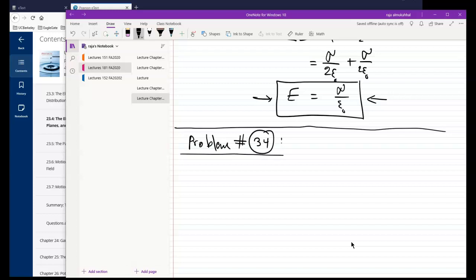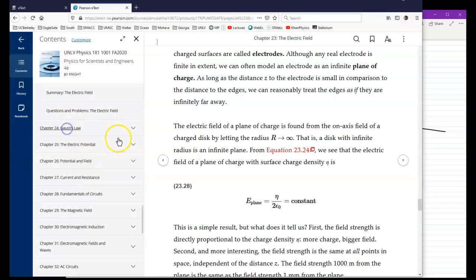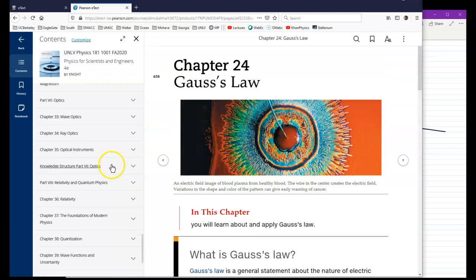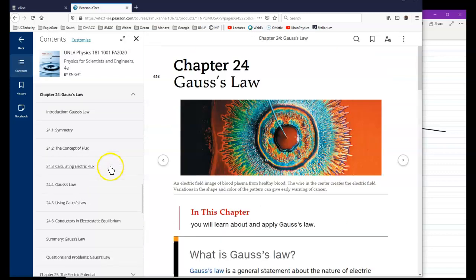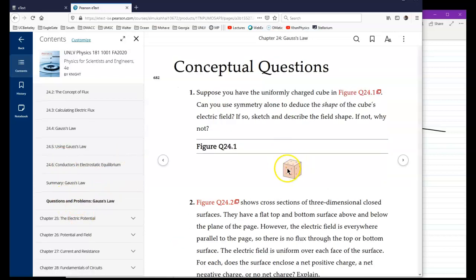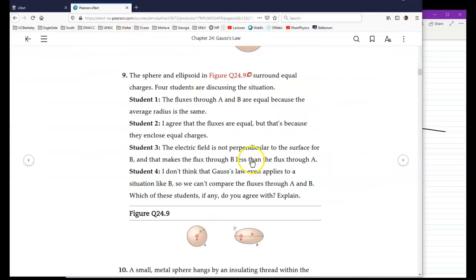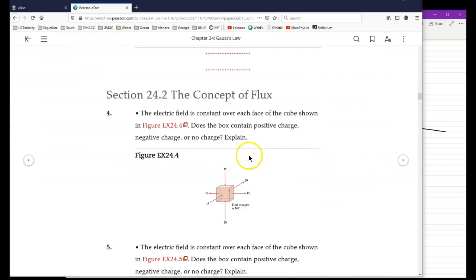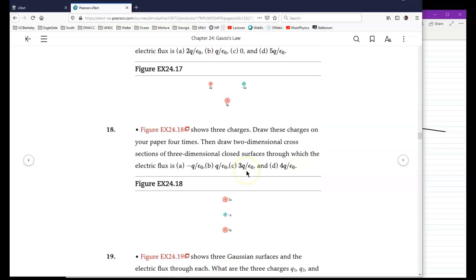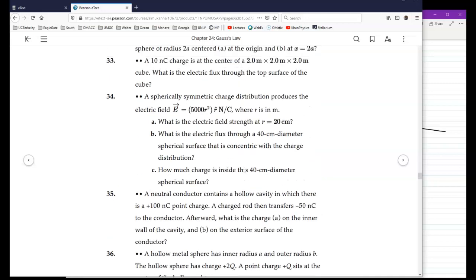Let me go to the book, the e-book. Chapter 24, 34 questions. There we go. Number 34. There we go, right here.